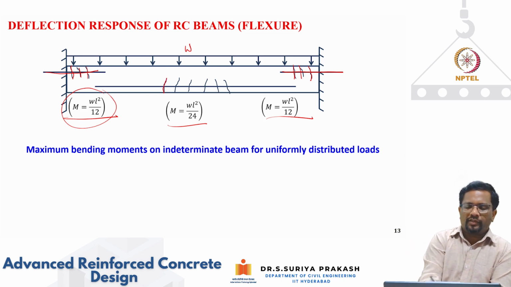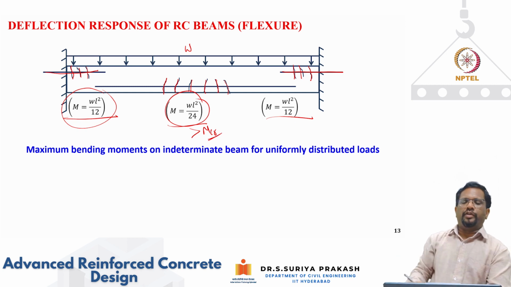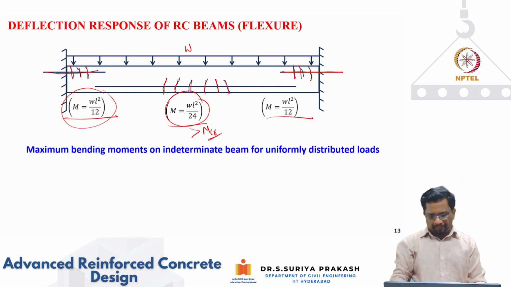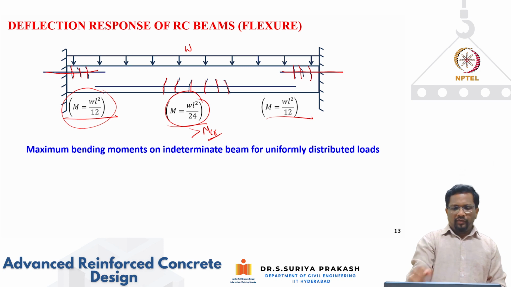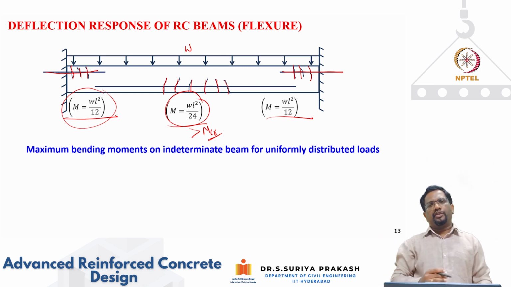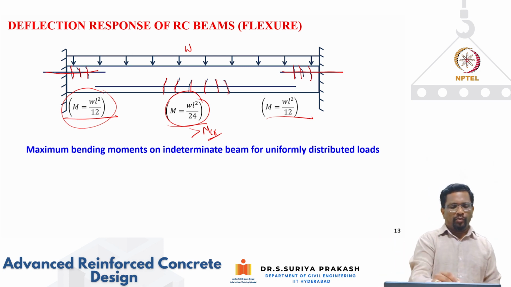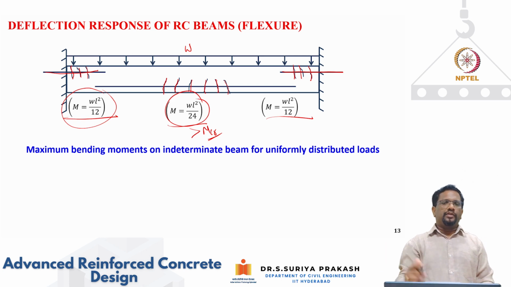Then you will have cracks forming in the midspan, right? So this moment can become greater than your cracking moment at this location, and then you will develop cracks. So you see here, the distribution of cracks is going to be different, and your moment value along the length of the beam is going to change accordingly.